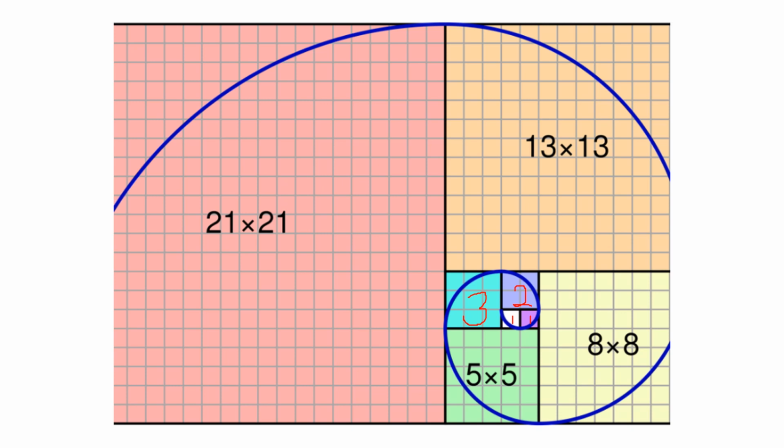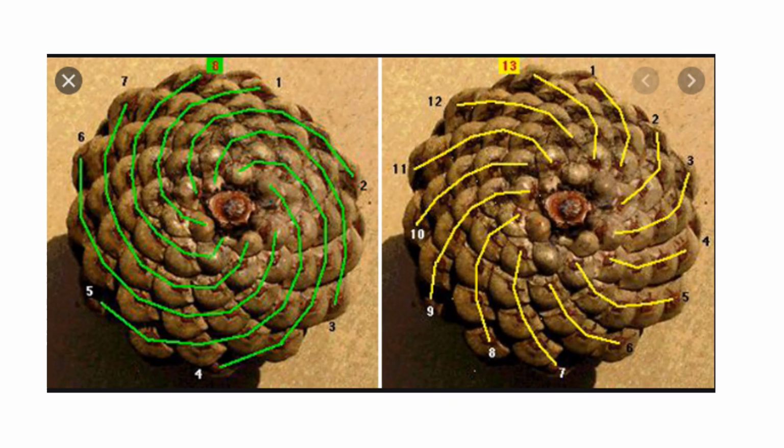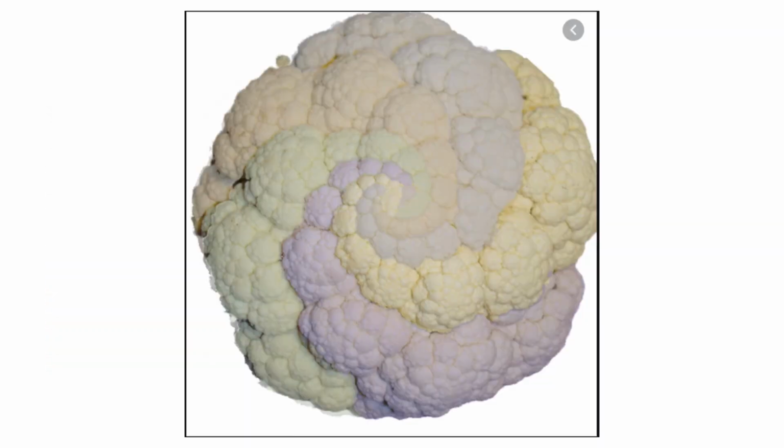The 2 plus the 1 would give us the 3 and the 3 plus the 2 would give us the 5. And if they are represented as squares, you could draw the sequence to represent a spiral, which is in fact represented throughout nature. So here we've got the spiral represented in nature and even in cauliflower.